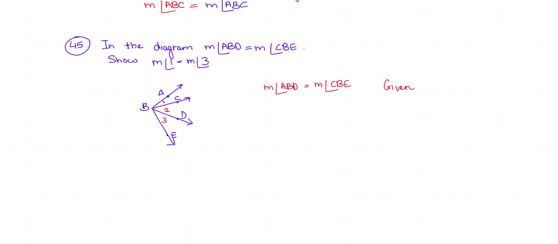It is given that angle ABD is equal to angle CBE. So we see that angle 1 and 2 are adjacent angles, this angle and this. So using the angle addition postulate, we can say that ABD is equal to angle 1 plus angle 2.